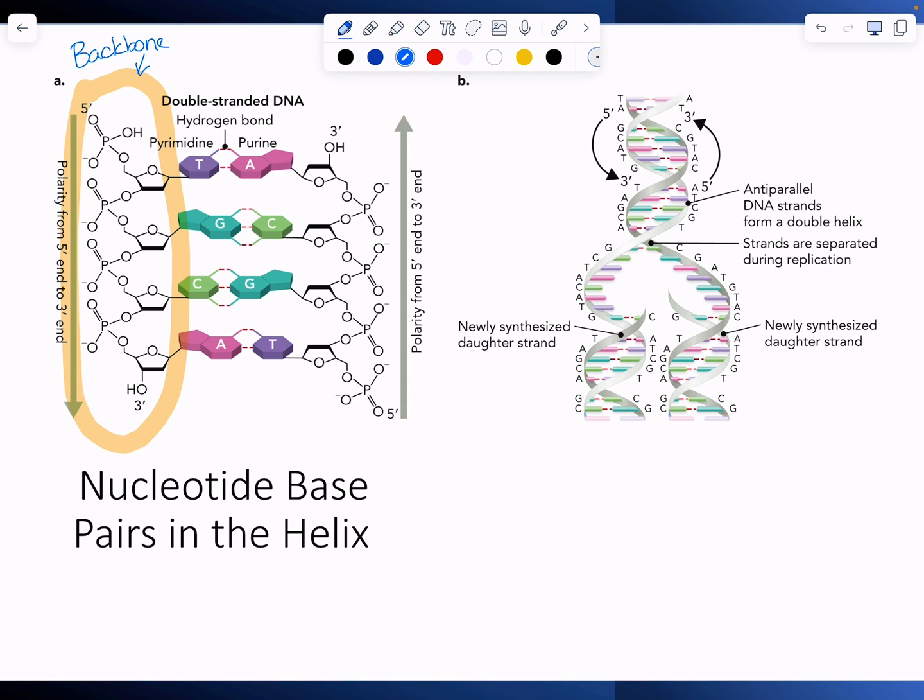And the interior, this is the sequence dependent part, the unique part of the molecule.